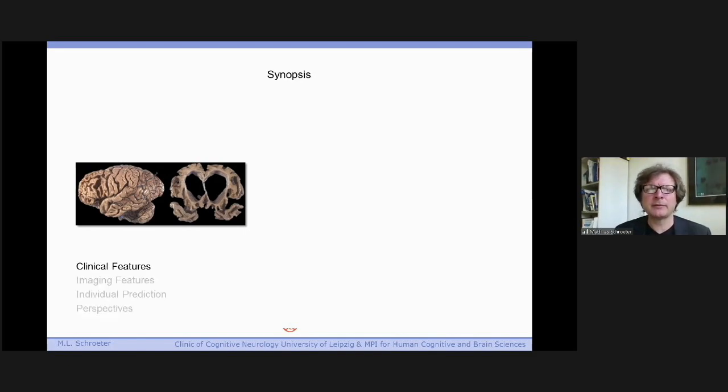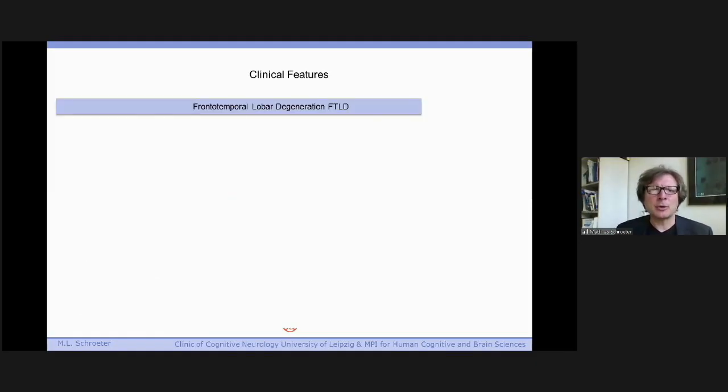Let's start with the clinical features of frontotemporal lobar degeneration. Frontotemporal lobar degeneration, or FTLD, is an umbrella term, and it includes a lot of diseases. So first, behavioral variant frontotemporal dementia, a disease affecting mainly behavior and personality.